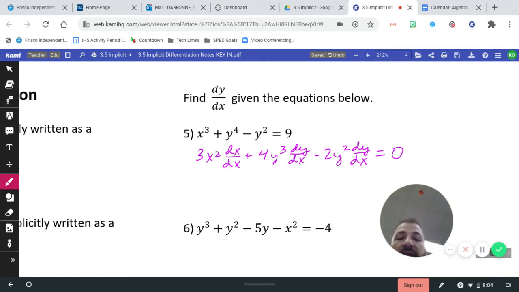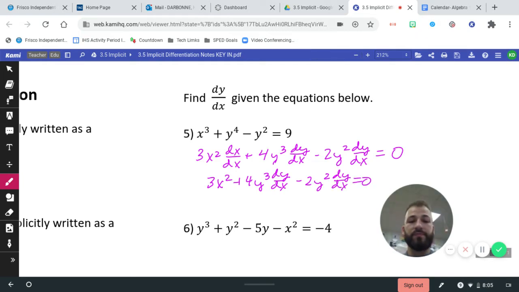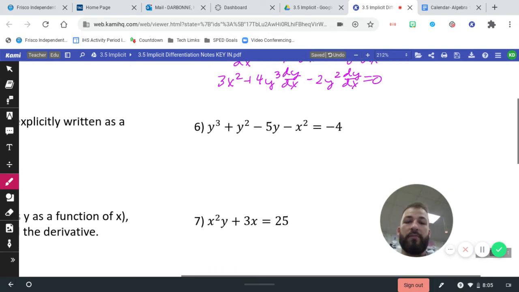Okay, then I can write this again, because dx/dx is just 1, so 3x squared plus 4y cubed dy/dx minus 2y squared dy/dx equals 0. Okay, so I've done my first part.